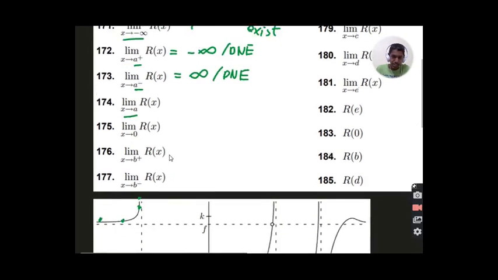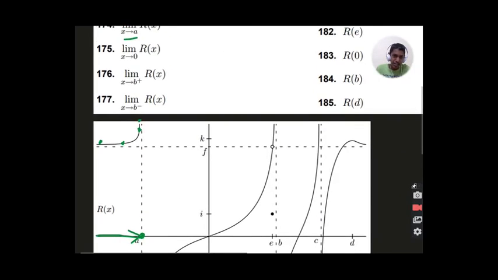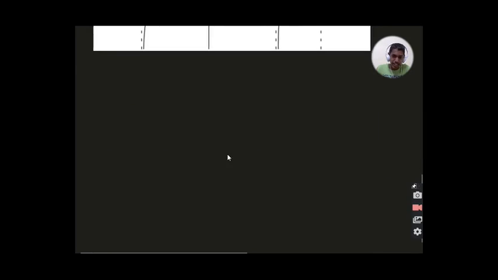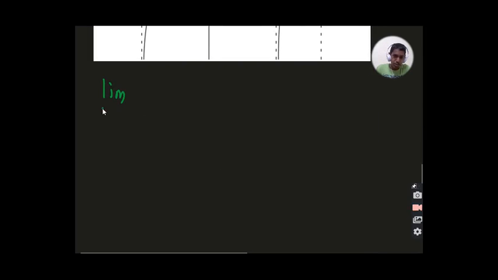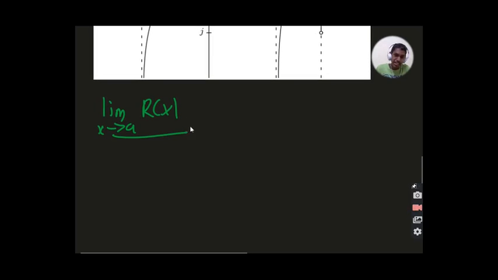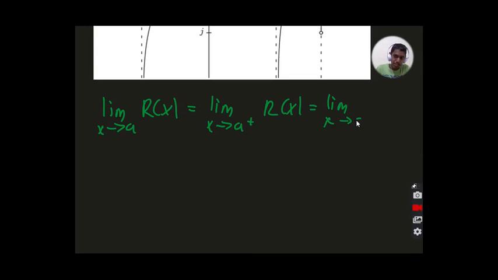Okay, so limit x approaches a. The big thing about limits, which hopefully you take away from this video, is that if you're approaching a for some, let's just use r of x, in order for that limit to exist, it needs to equal the left-sided limit, which also needs to equal the right-sided limit.